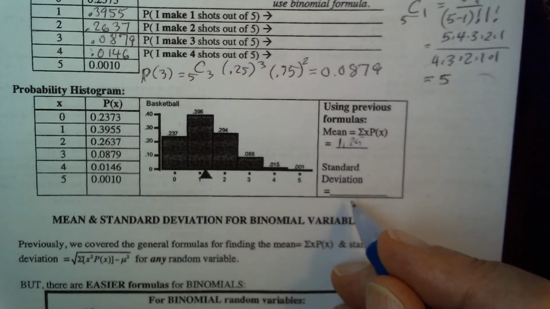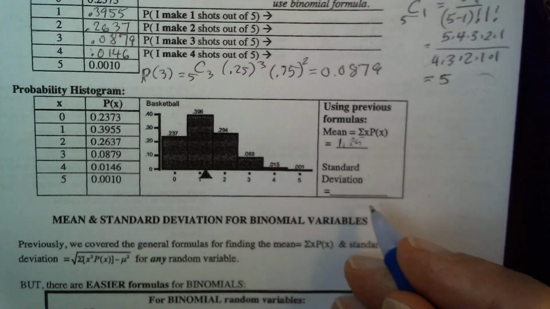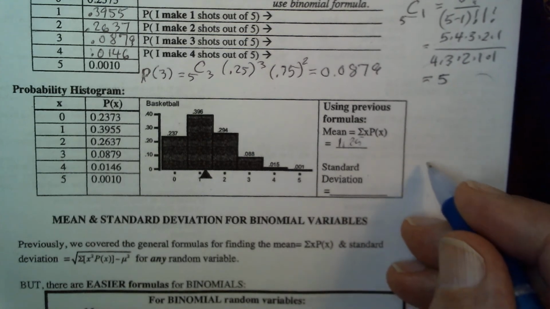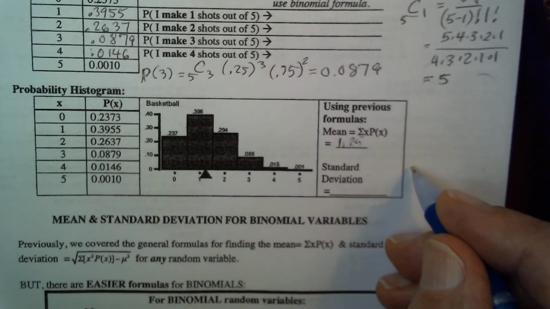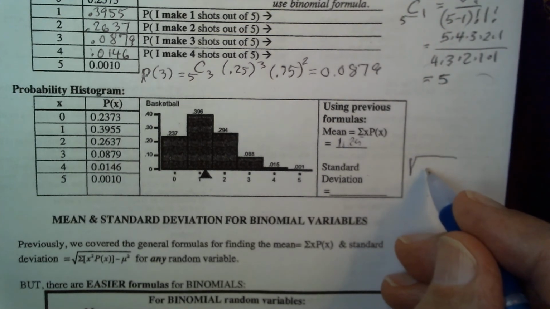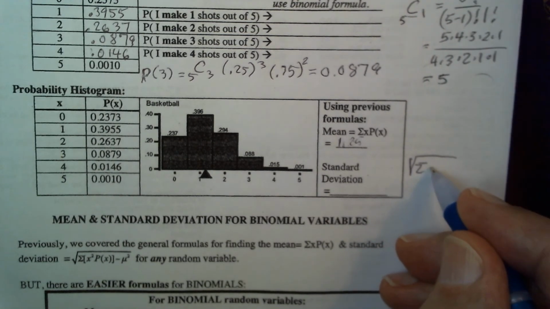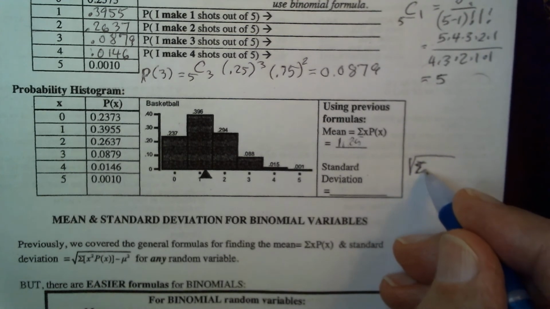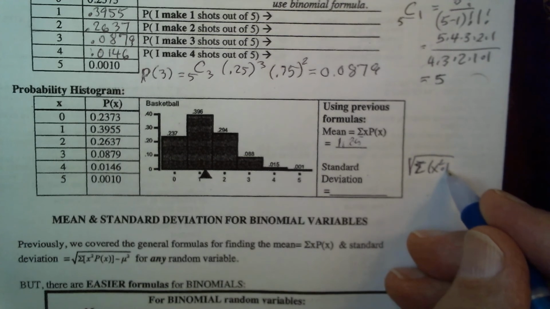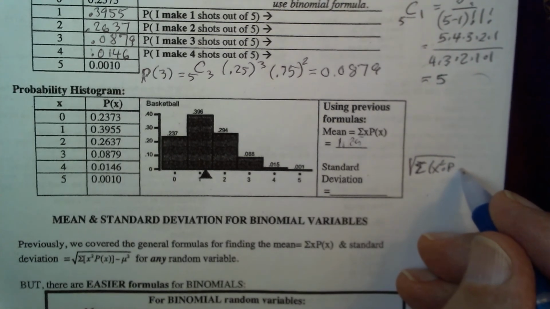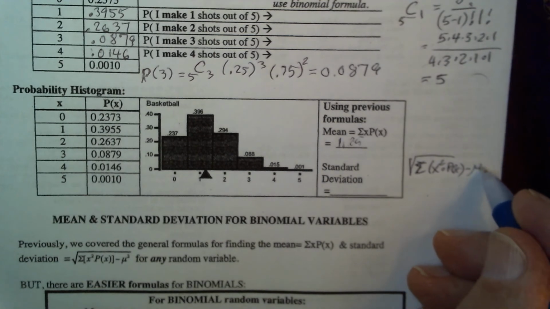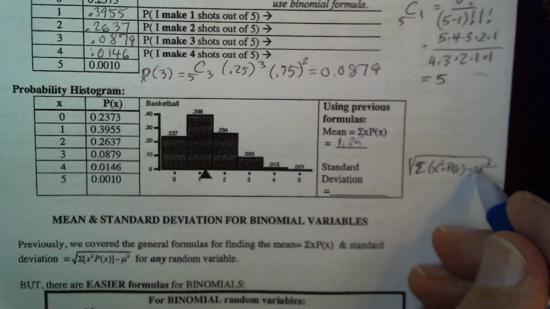And for the standard deviation, the formula was a little bit more complex. Let me write it out here. It was the square root of the sum of the random variable squared, x squared, times its associated probability, minus the mean squared.